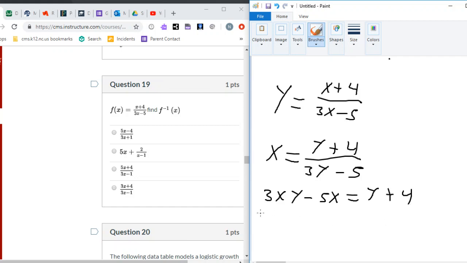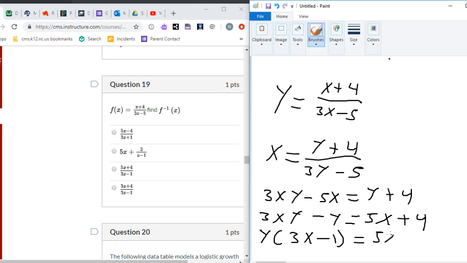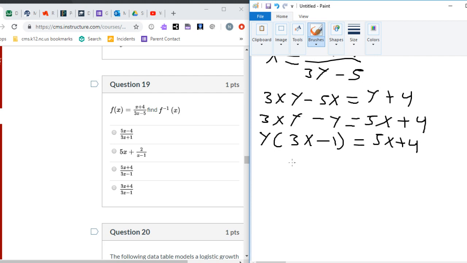Get the y's on one side. 3xy minus y is equal to 5x plus 4, adding 5x to each side. Factor y out: y times (3x minus 1) is equal to 5x plus 4. Divide by 3x minus 1 and get y is equal to (5x plus 4) divided by (3x minus 1).